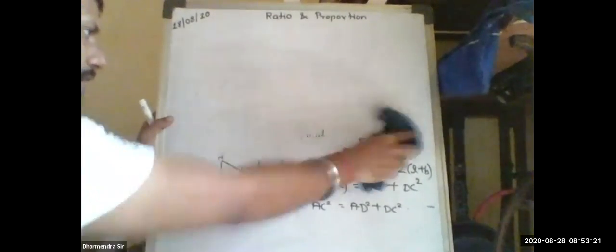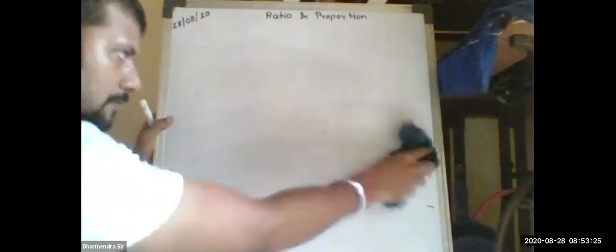So let's start with the problem of practice set 4.2, that is question number 2. I hope you have revised the concept that we have done last time, that is comparison of ratios. In case you have not revised, I'll be giving a short review.